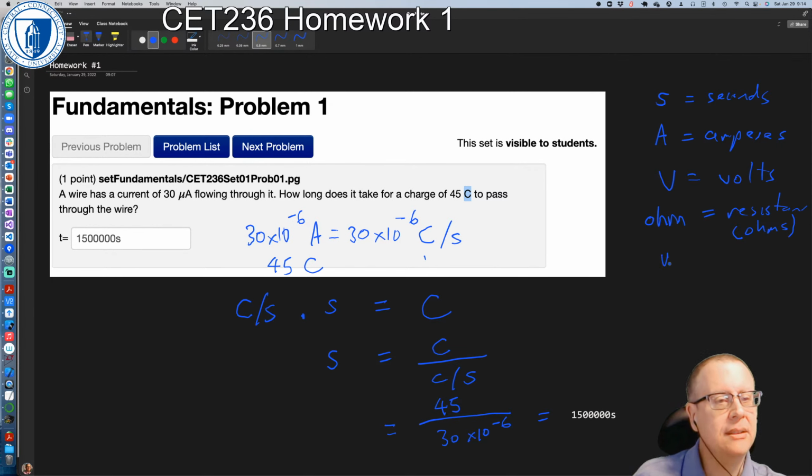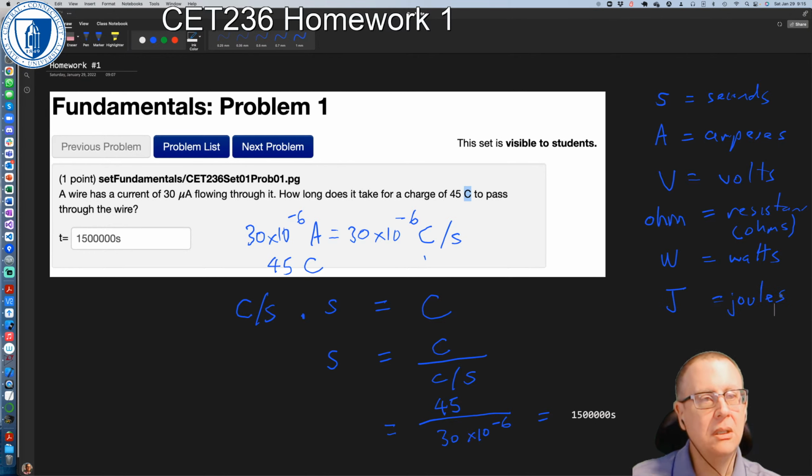It's going to need capital W for watts and capital J for joules. They're the main ones. There might be some others that we come across, but they're the main ones that we're going to use. I think frequency might also be a thing.